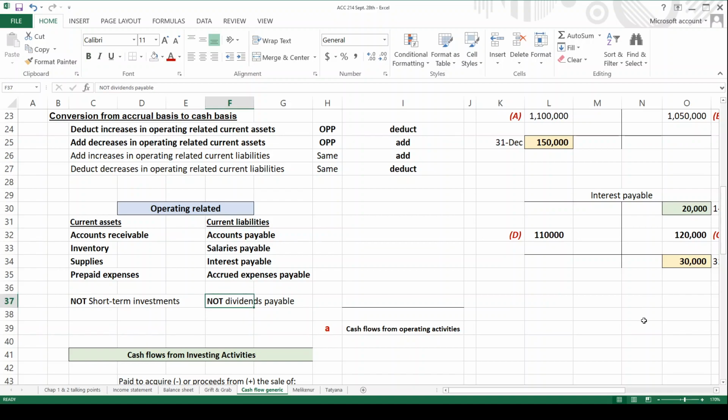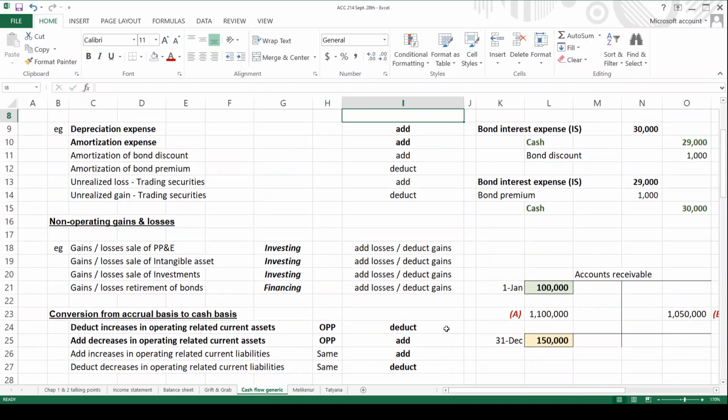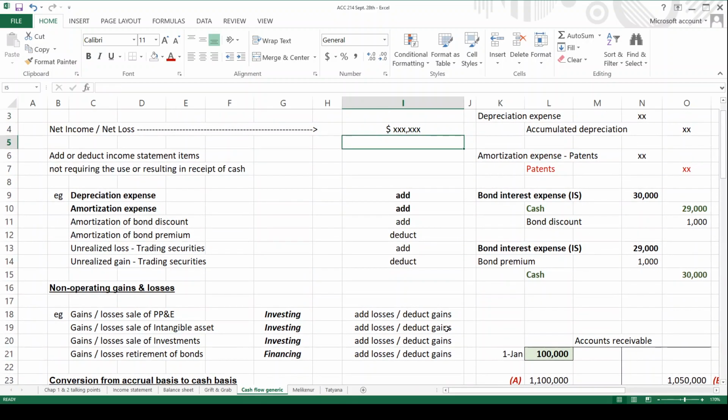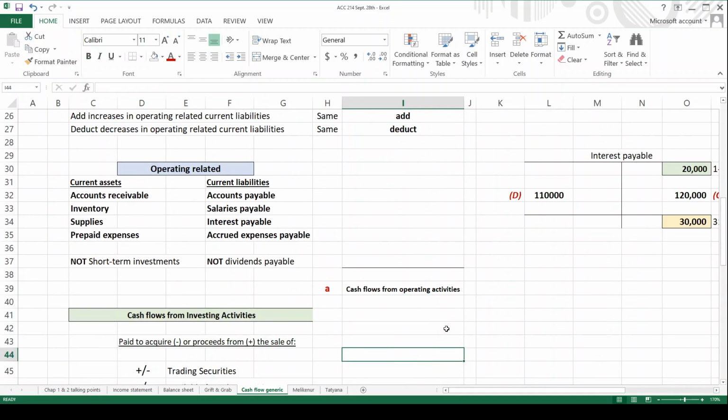Because dividends is a financing activity. So we do this whole routine, and we add everything up. And when we do that, we wind up with our cash flows from operating activities. And again, we're hoping this is a positive number because this is the most important cash flow category for our company.